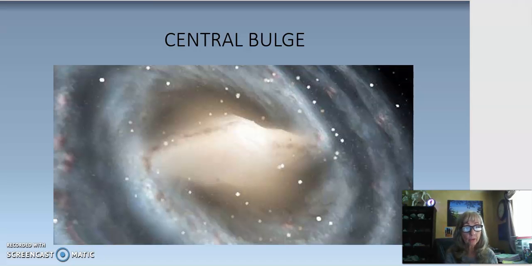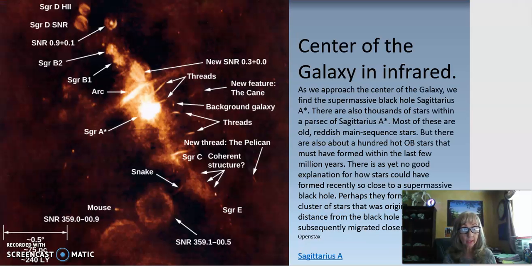So we have the central bulge, which we talked about being a spiral, or a barred shape. And within the central bulge, we have detected a black hole that is about the size of 4 million suns.